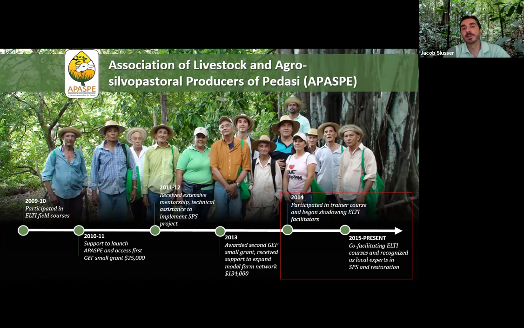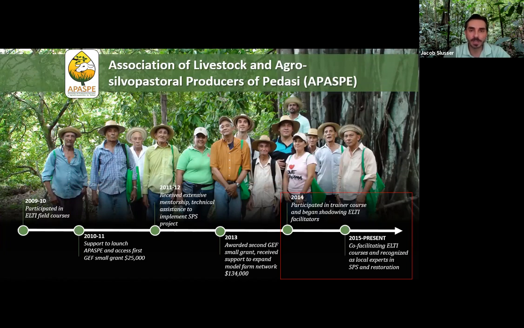And while there is a long story that discusses the support that ELTI provided for APASPE, what I really want to focus on for this presentation is the time after they implemented their model silvopastoral farms and other restoration activities that they also did in their community.